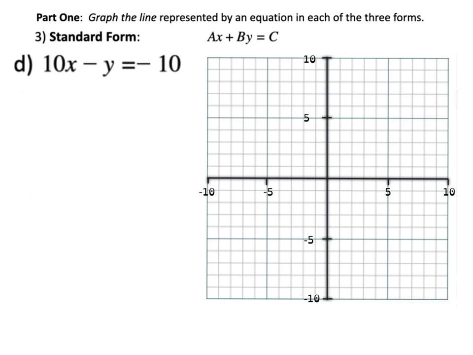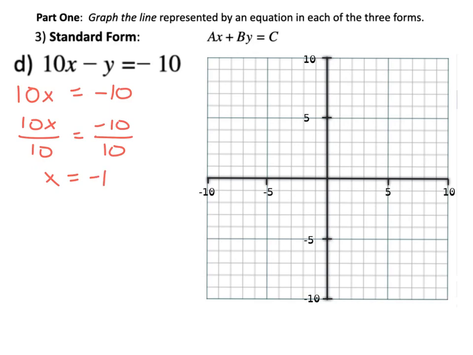Let's keep going. Okay. Take our x term, set it equal to the constant. We have to solve for this one. That means on the x-axis, put a point at negative 1. Now take your y term, set it equal to the constant.